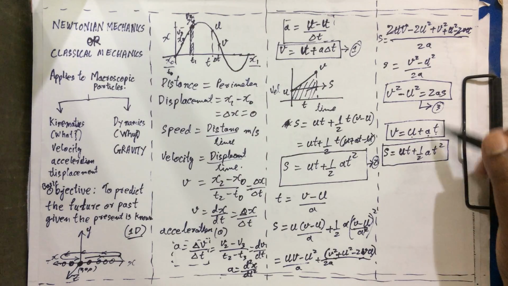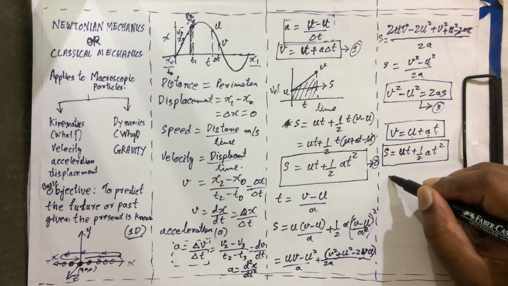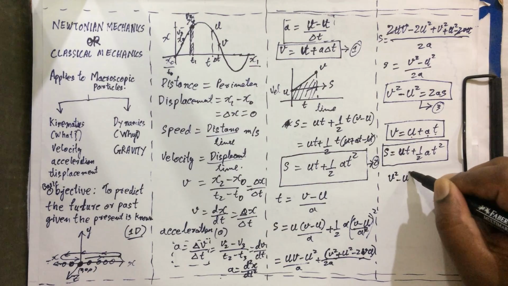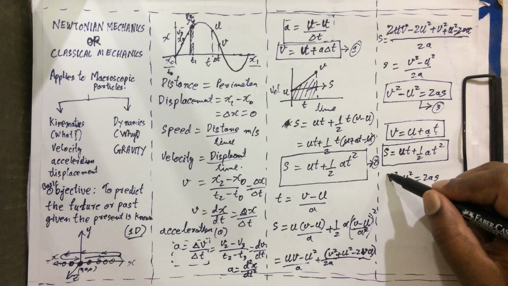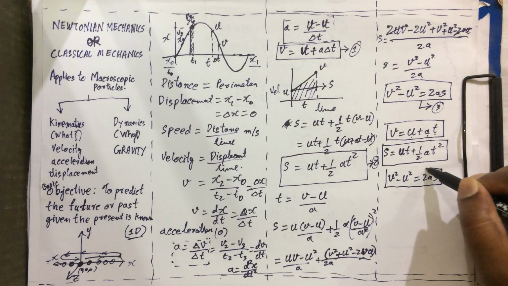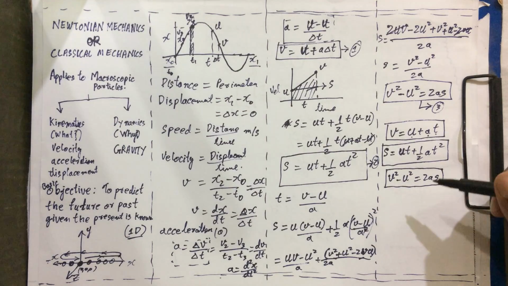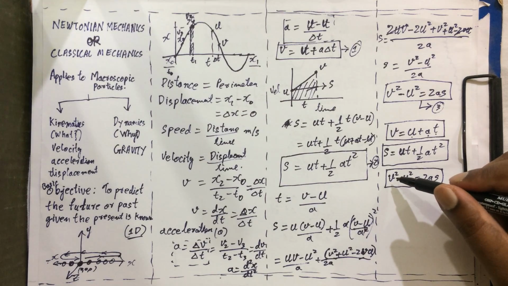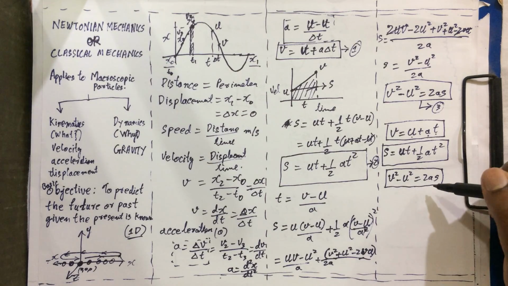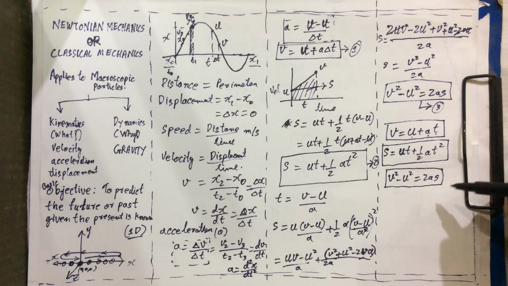And by the combination of these two equations, we can get v square minus u square equals 2as, which directly relates the distance or the acceleration if velocity has changed from one point to another, provided either the acceleration or distance is known.